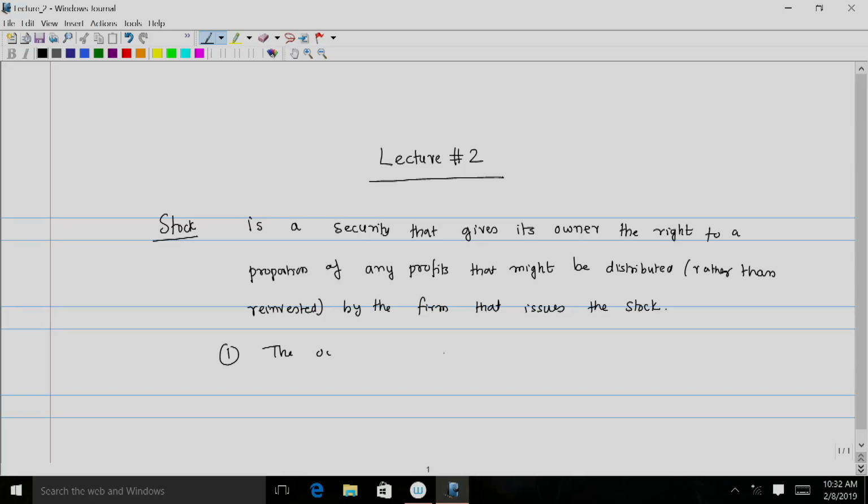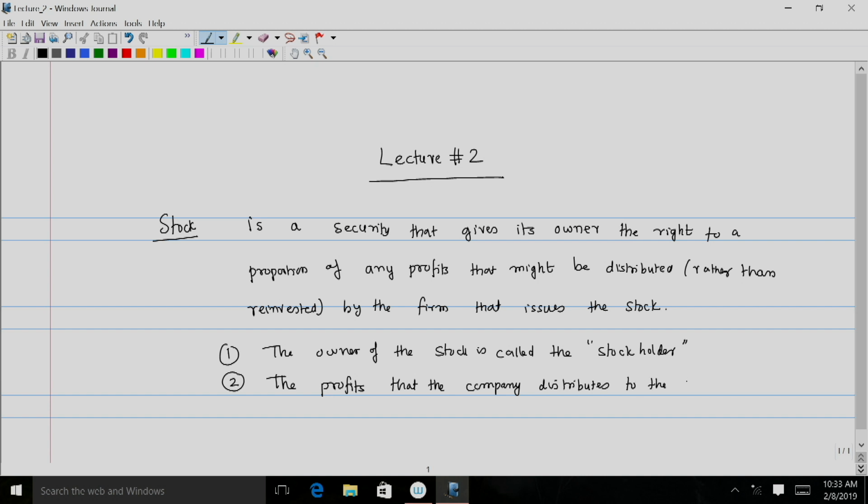So, let us now start talking a little bit about the various terminologies associated with stocks, stock owners and the firms that issue the stocks. So, first of all, the owner of the stock is called the stockholder, or sometimes the shareholder, and secondly, the profits that the company distributes to the stockholders are called dividends.